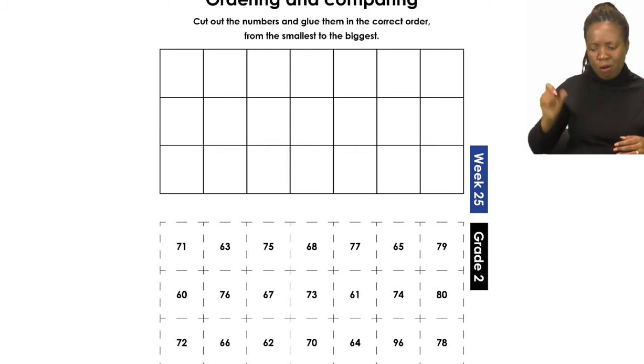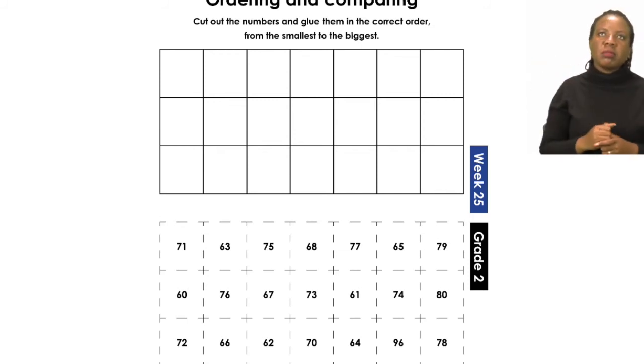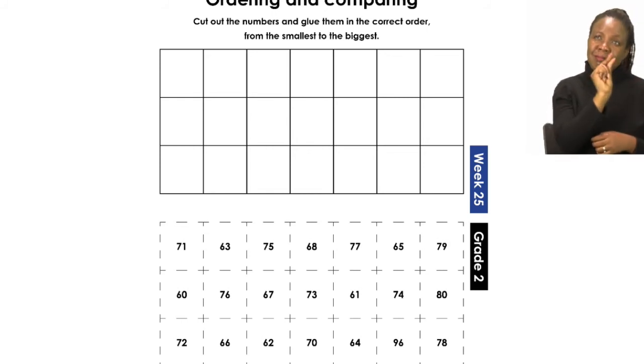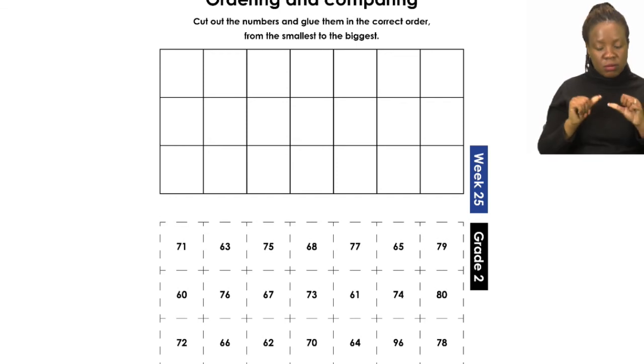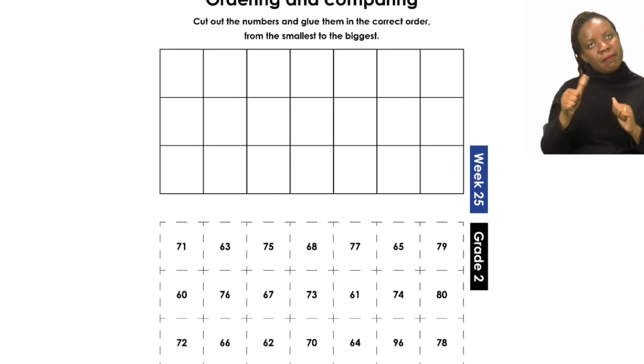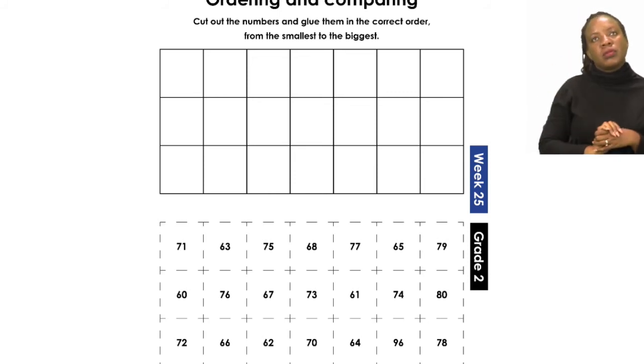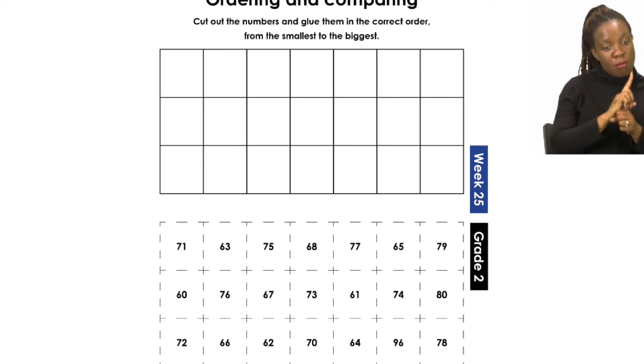Remember, grade 2s, we said the number 60 is your smallest number. So you must now go ahead and put in all the other numbers in the right order from the smallest to the biggest number. Okay, I will now leave you to complete your flower and cut out all your numbers.